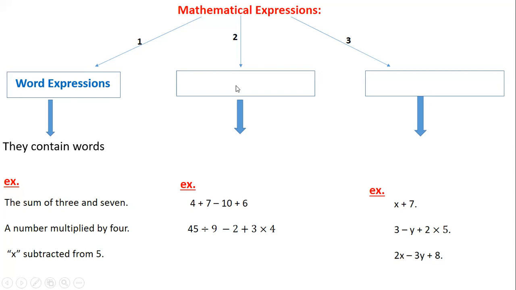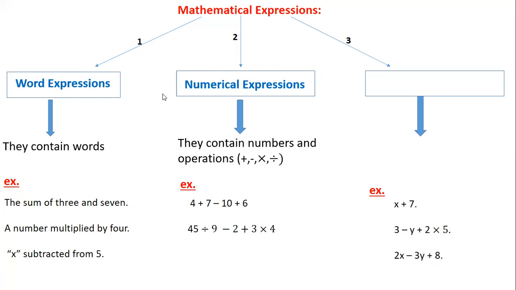The second kind of mathematical expressions are called numerical expressions. What do we mean by numerical expressions? The word numerical means numbers. So what do we have in these expressions? They contain numbers and operations: plus, minus, times, divided by.